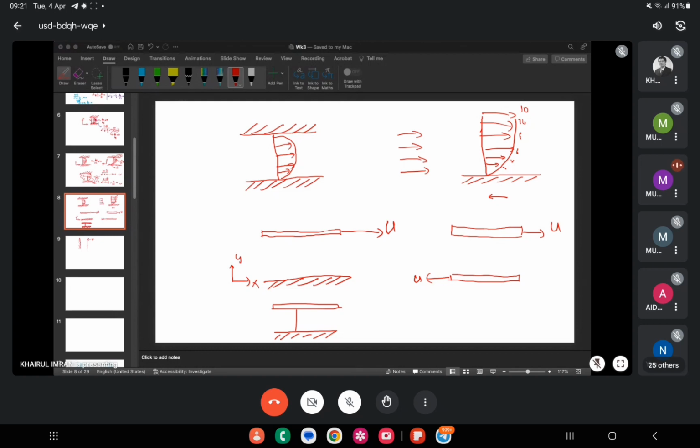Starting dia straight betul bila fluid tu tidak bergerak, betul? So sekarang kita gerakkan yang atas. So apa jadi dengan dia punya profile?